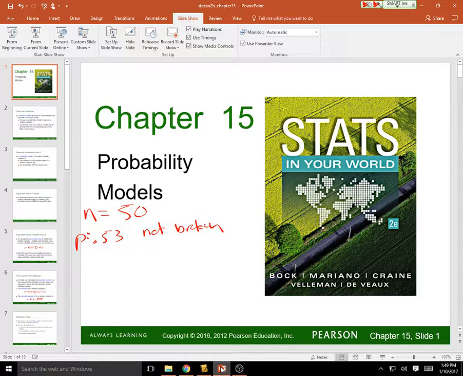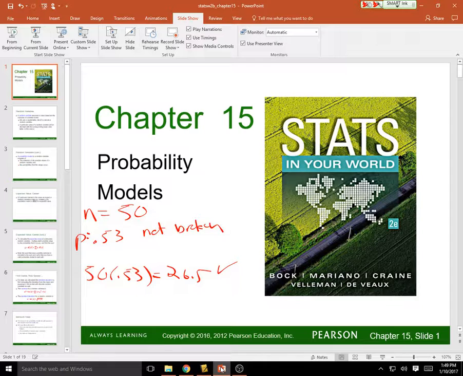The question is, is it a normal distribution or not? So I'm going to take 50 times 0.53. A little bit more than half of 50 is more than 25, right? 26.5. So this one checks.